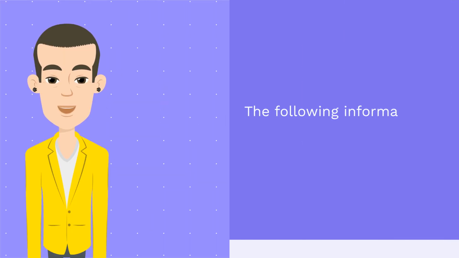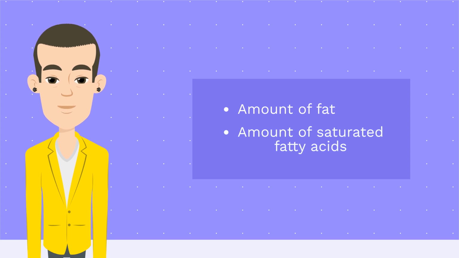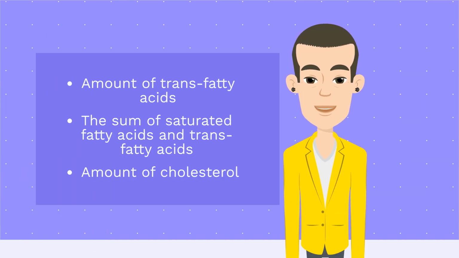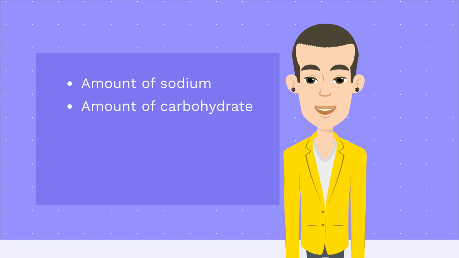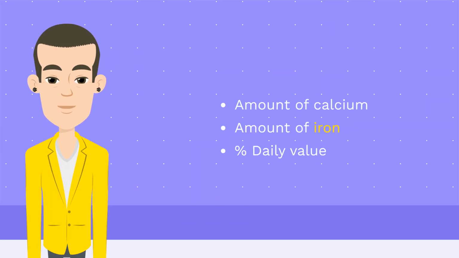The following information is mandatory for a food label: serving size, energy value, amount of fat, amount of saturated fatty acids, amount of trans fatty acids, the sum of saturated fatty acids and trans fatty acids, amount of cholesterol, amount of sodium, amount of carbohydrate, amount of fiber, amount of protein, amount of potassium, amount of calcium, amount of iron.